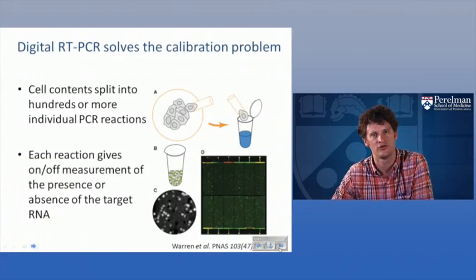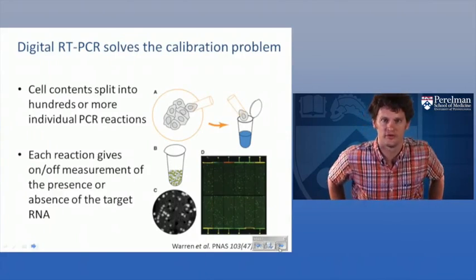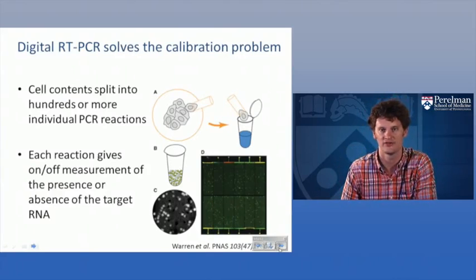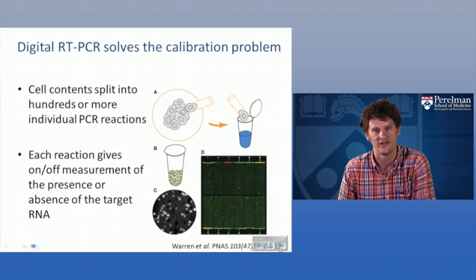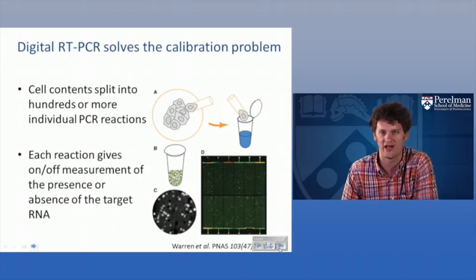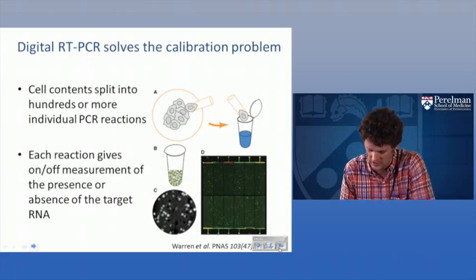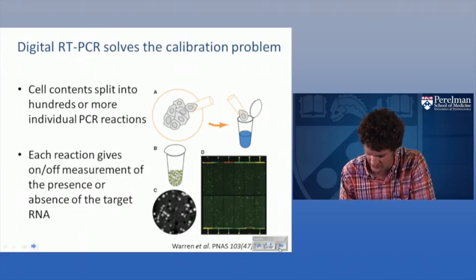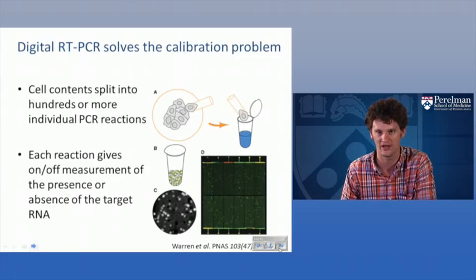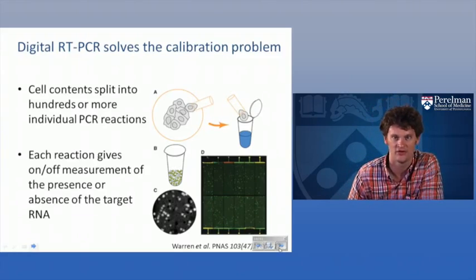Right, so digital RT-PCR is a method to try to get around this. Basically, instead of having one tube where you have all your RNA mixed together, you take your cell and dilute its contents out amongst many different wells. In this case, you probably have hundreds of different wells, and you do your RT-PCR in each well, and you just look, was there an RNA in there or not?